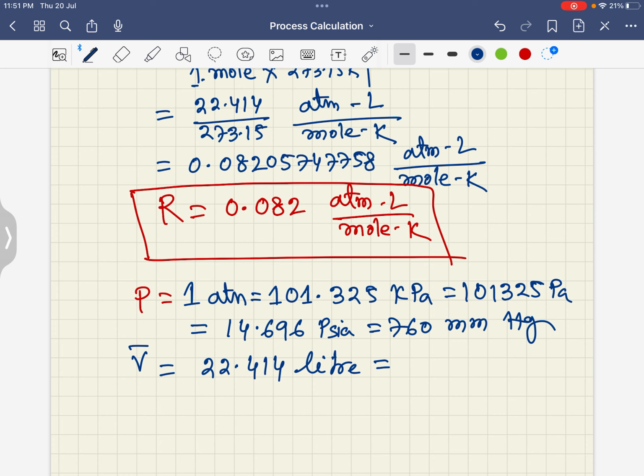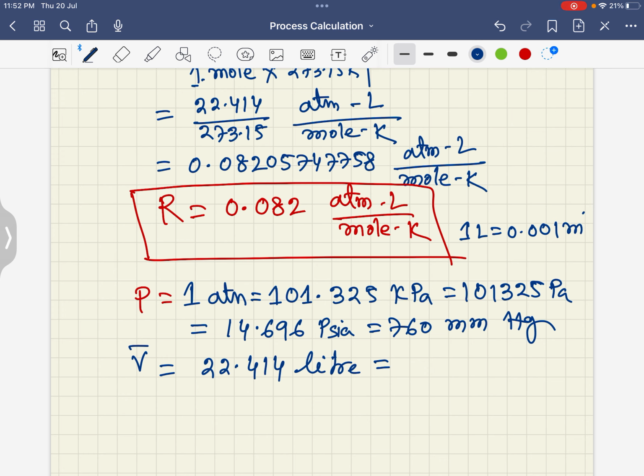So here we can write, or 1 liter is equal to 0.001 meter cube.